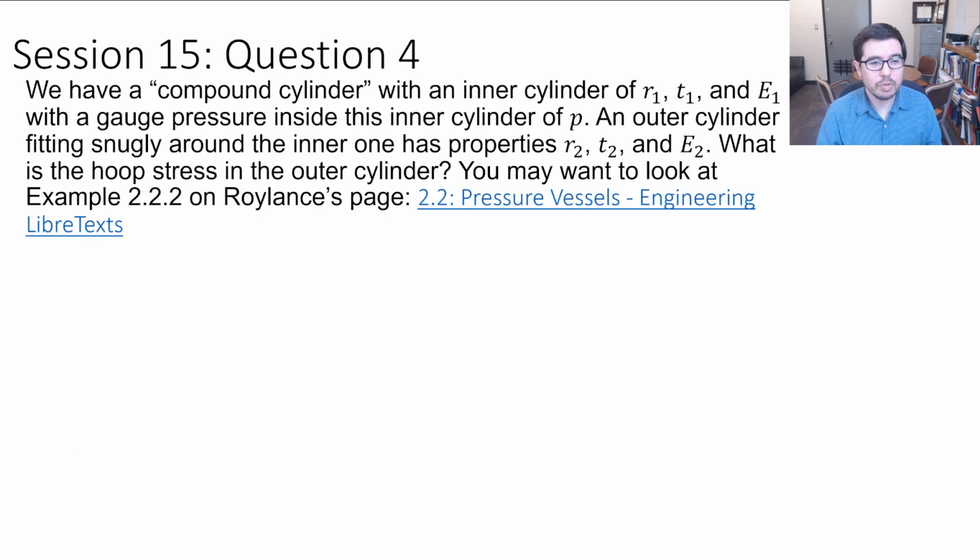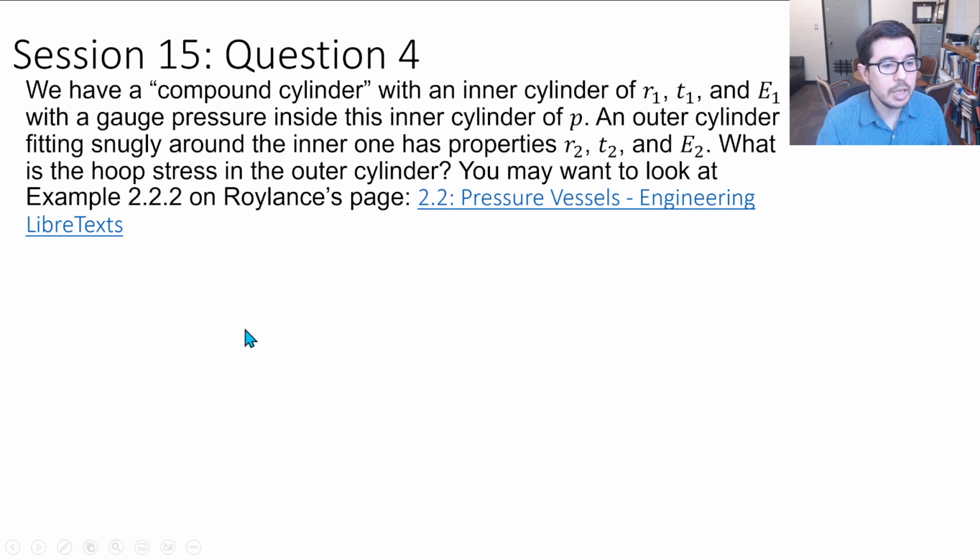Then question 4, this one's a little bit tricky. We have a compound cylinder with an inner cylinder. Compound cylinder essentially means a cylinder inside a cylinder. The internal one's hollow, and then we have an outer cylinder that fits snugly around the inner one.